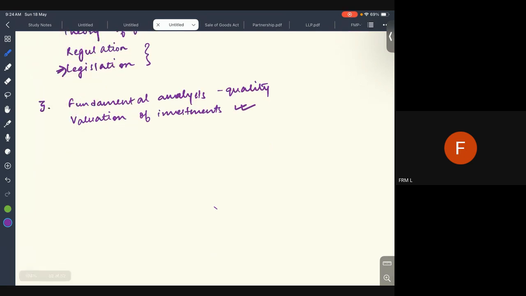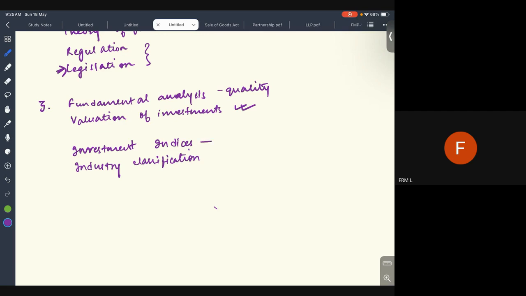After that, we come to two purely theoretical chapters, that is investment indices and industry classification. Now, investment indices, what is an index?